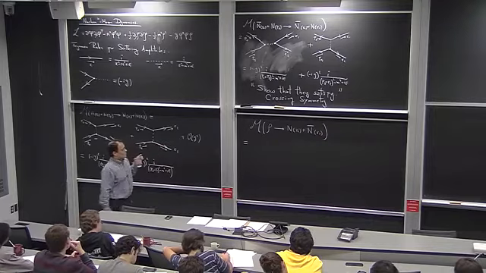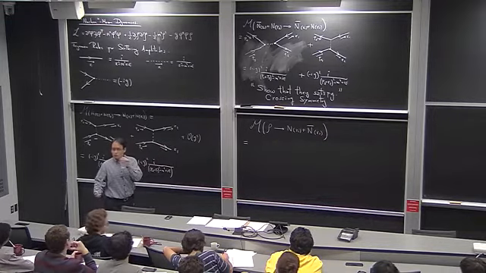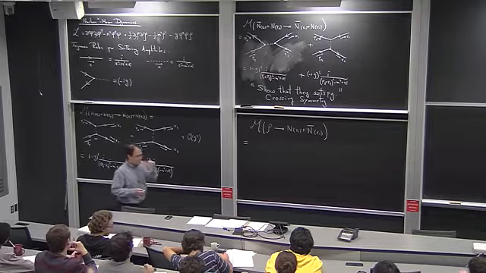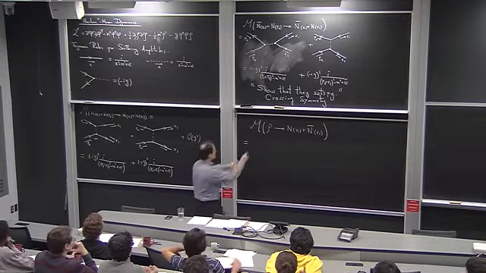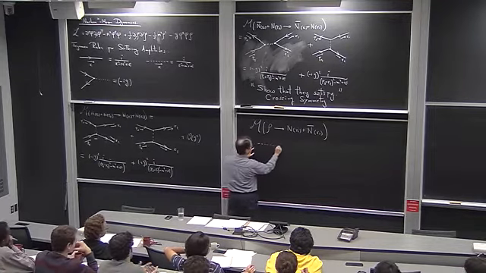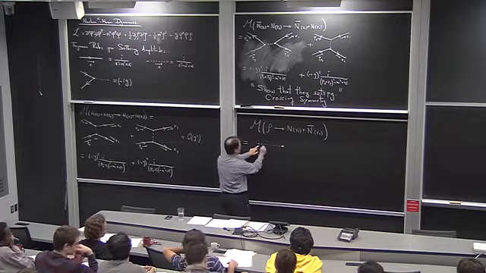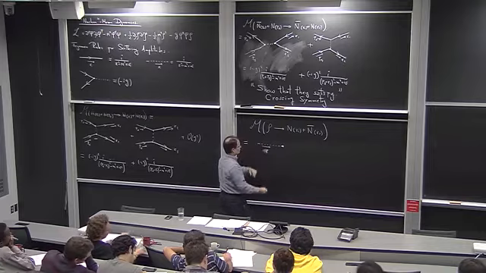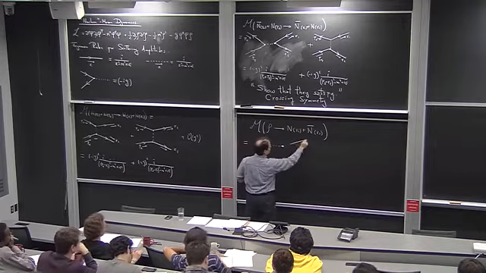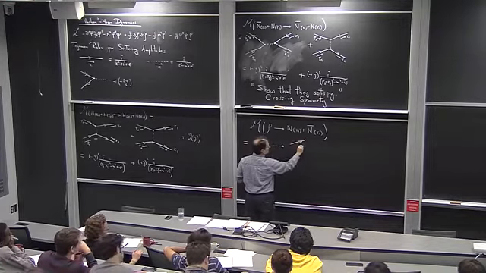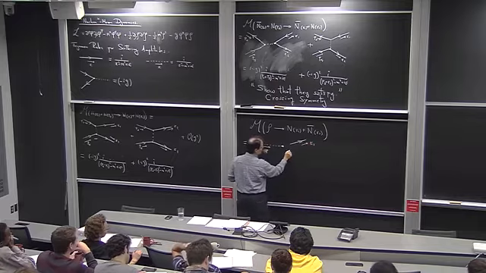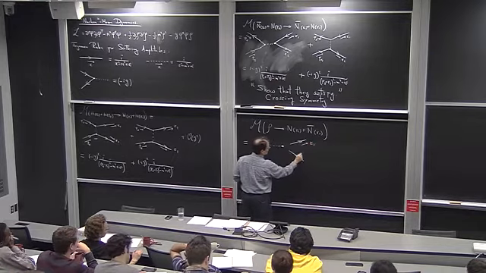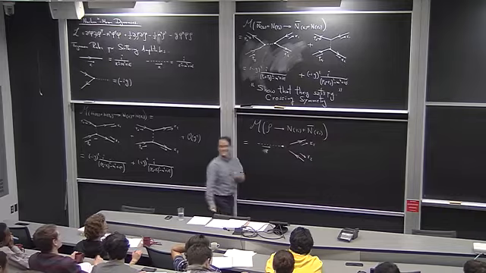So what are the Feynman diagrams that contribute to this, to leading order? Well, it's very easy, right? We have this guy with some momentum p. We have this guy going with some momentum k1, and we have this guy with some momentum k2.